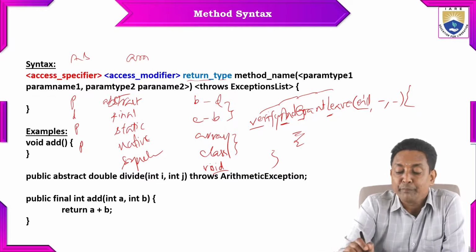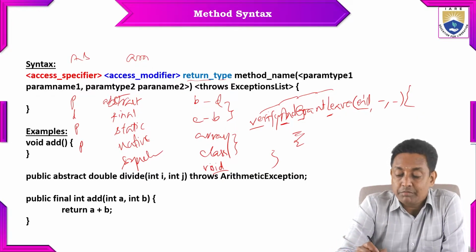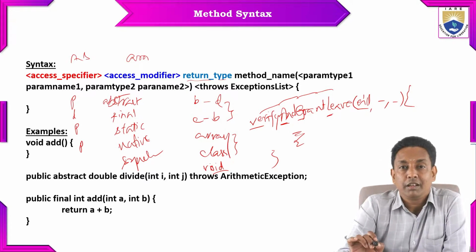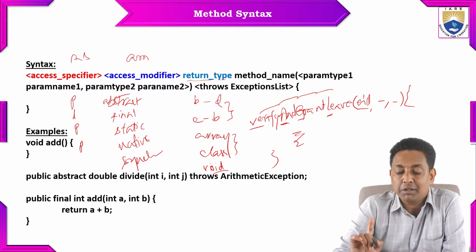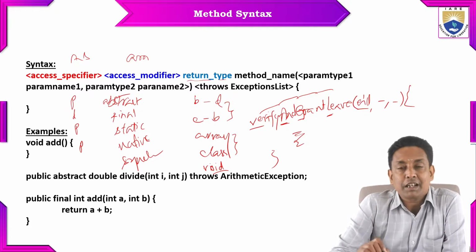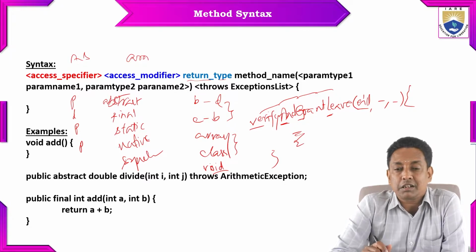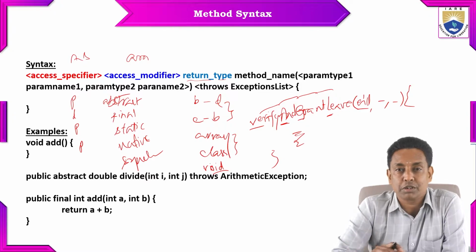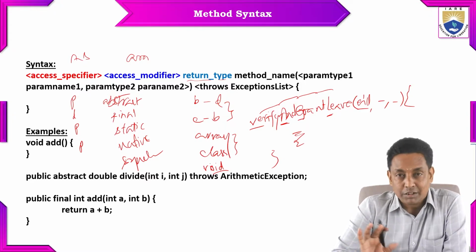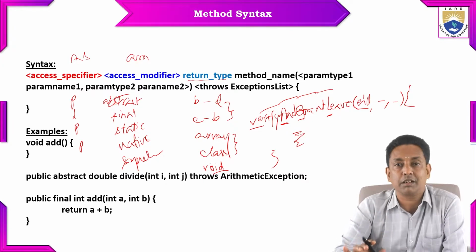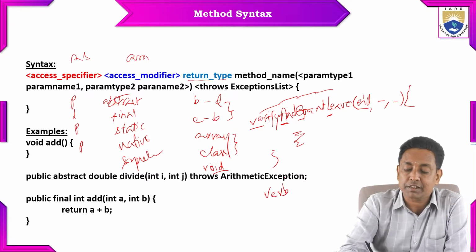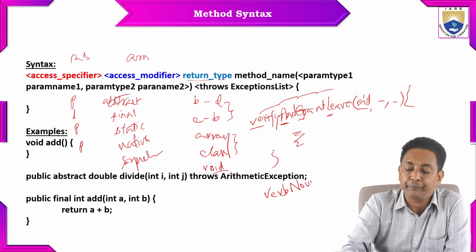So that is the method name, and while writing the method name, we need to follow the camel case convention. That is one major rule. The second one is that instead of writing a method name as print or ABC or XYZ or show, it is always recommended, as a coding convention, that the method begins with a verb first, followed by a noun.